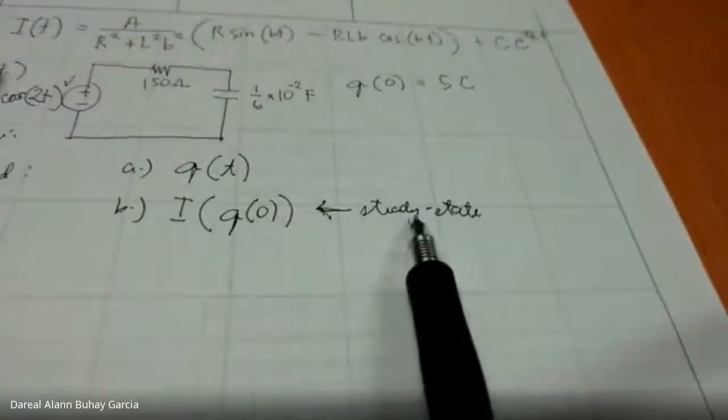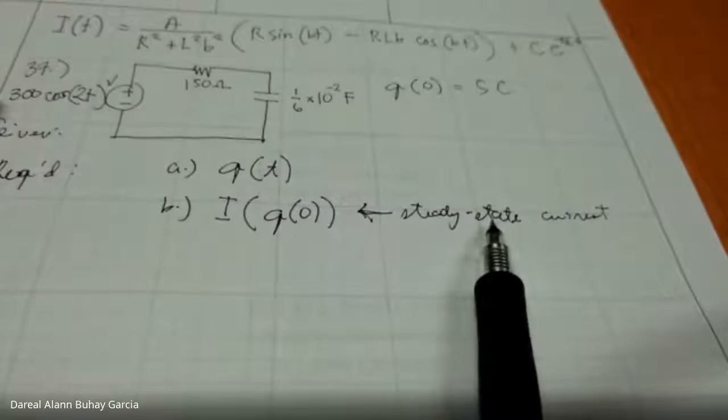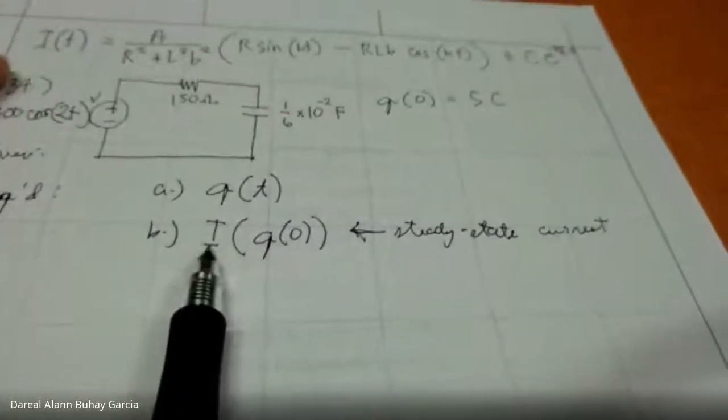Steady state current means, what is the current at the initial condition? In electrical engineering, the steady state current is just another way of saying the current subjected at the initial value condition.